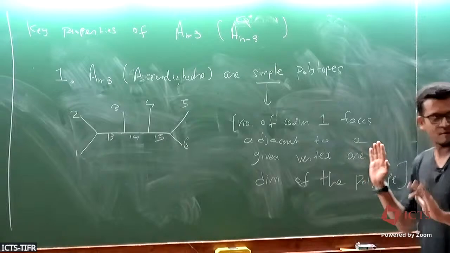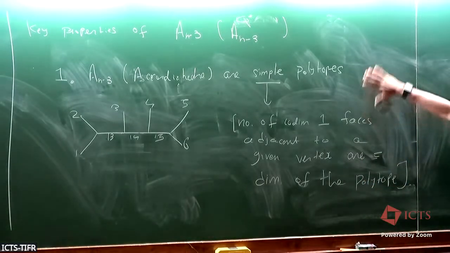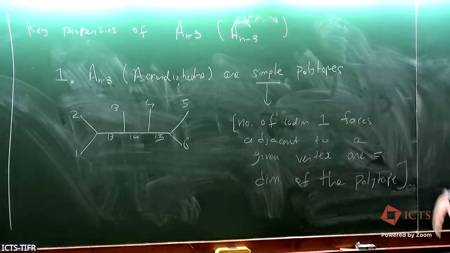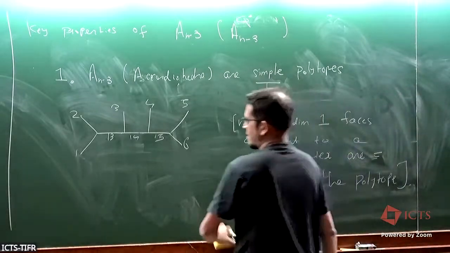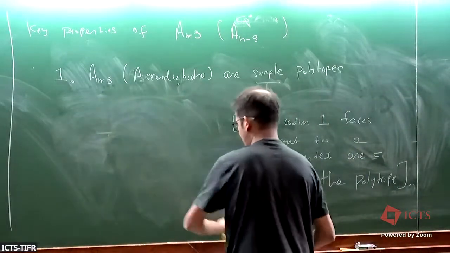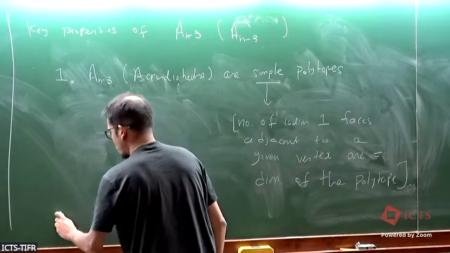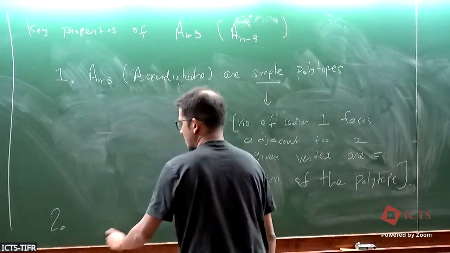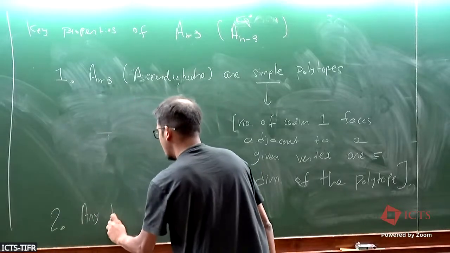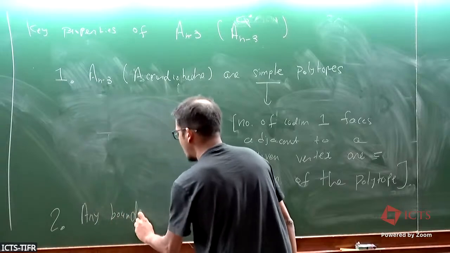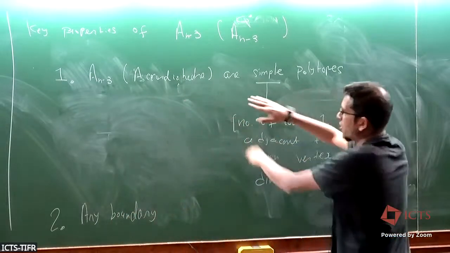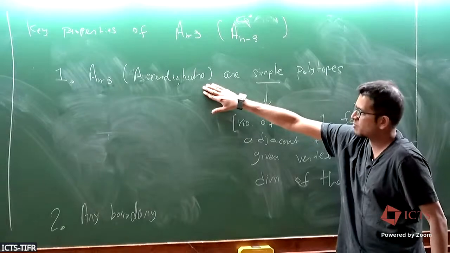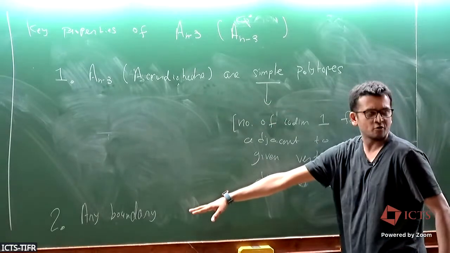So is that clear? I mean, that's the reason I stated it. Otherwise, you would think why is it even interesting from our perspective? And the other probably more crucial property is that there are 2 crucial properties. One, that any boundary, and this is not true for all accordiahedra. The earlier property was true for all accordiahedra also. So I stated it like this. But the property I'm stating now is not true for all accordiahedra.